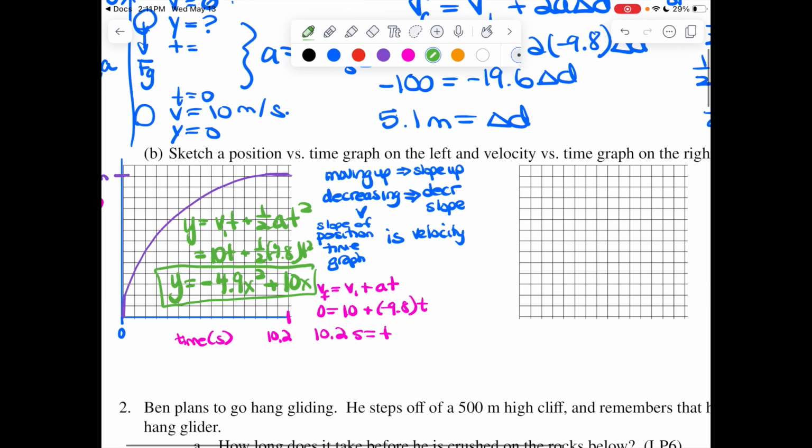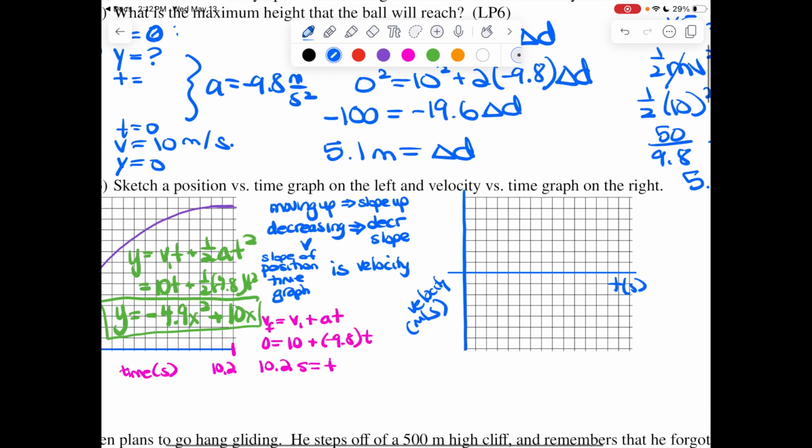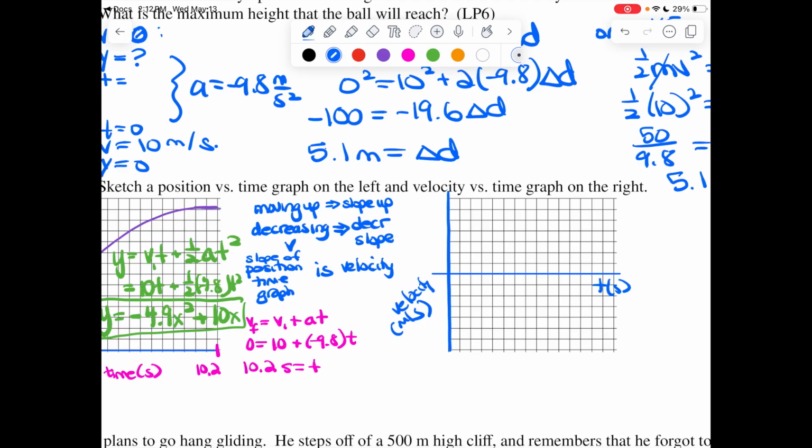Okay, velocity versus time. The slope of a velocity versus time graph is acceleration. Right, since this is free fall, acceleration must be negative 9.8 meters per second squared. Therefore, the slope must be negative 9.8. So we're going to have a negative slope.